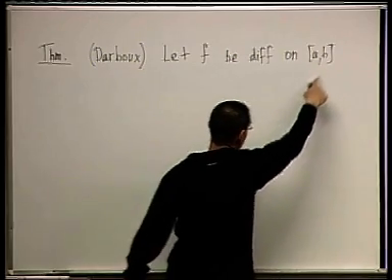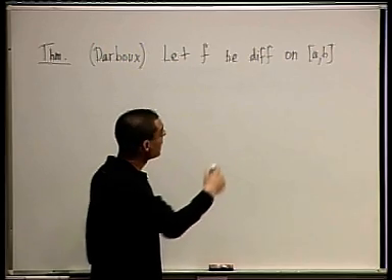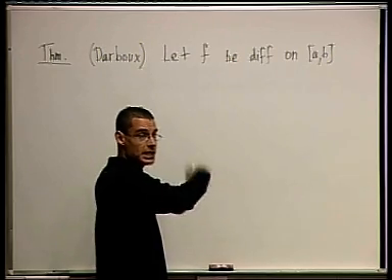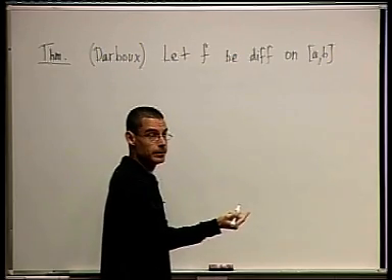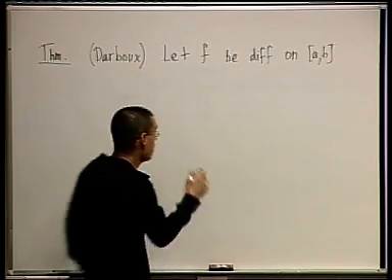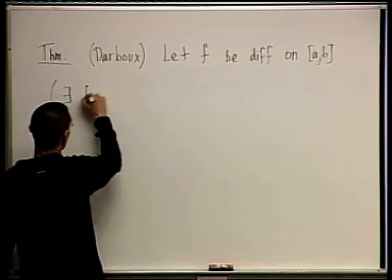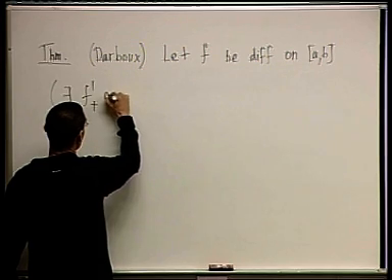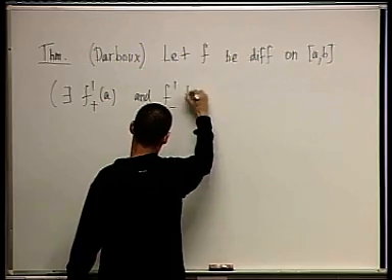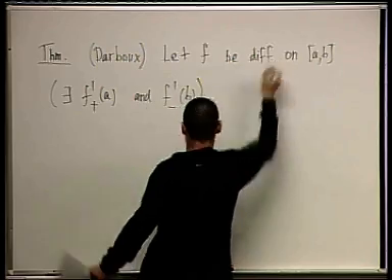By this I mean that it's differentiable at any inner point of the interval, and it has f prime plus at A and f prime minus at B. Okay, so it only has one-sided derivatives at the endpoints, because that's all we can discuss. Maybe I'll write that. Exist f prime plus at A and f prime minus at B. That's what I mean by being differentiable on a closed interval.